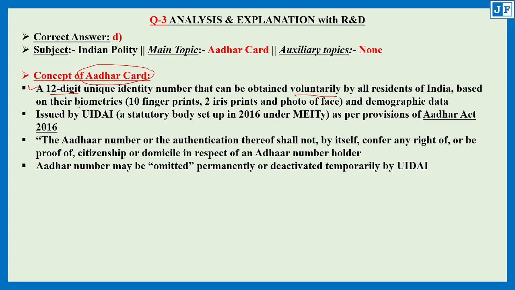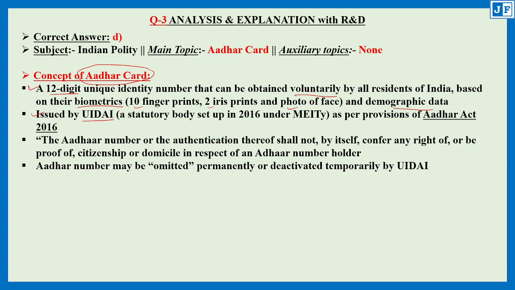These are our fingertips, 2 iris prints in our eyes, and photo of face, and demographic data. Demographic data means place of birth, place of residence, address. It is issued by UIDAI, Unique Identification Authority of India. It is a statutory body set up in 2016 under the Ministry of Electronics and Information Technology.